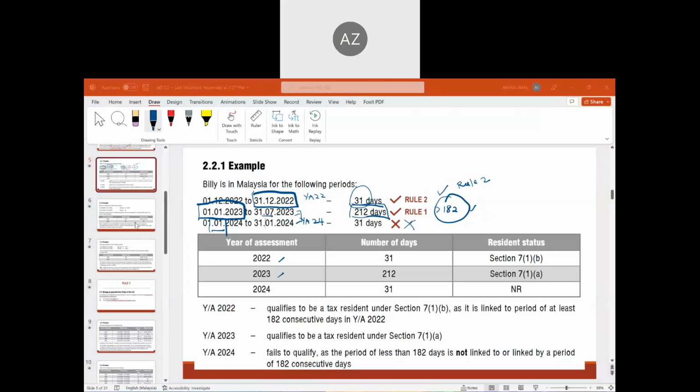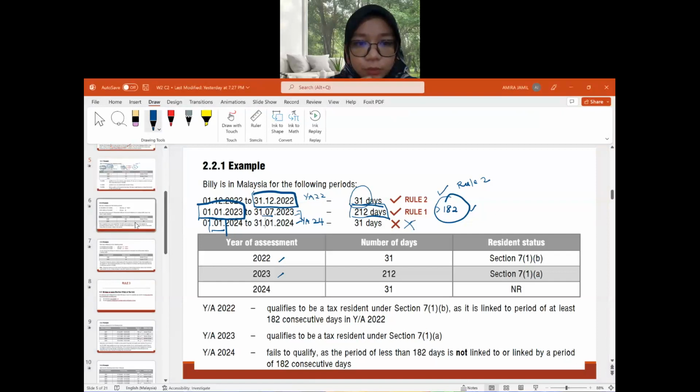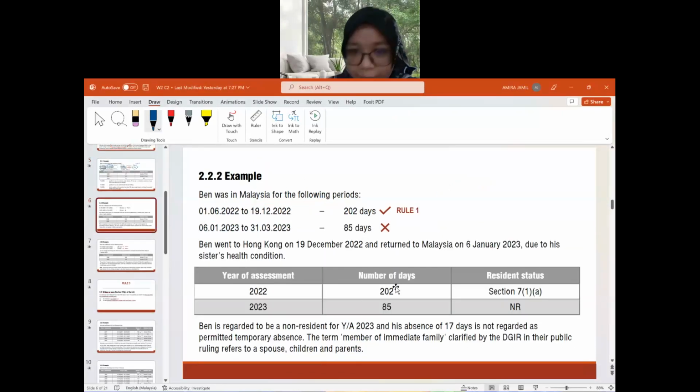Okay, so we continue. It's still for rule number 2. Ben in Malaysia for the following period. In YA22, he lived for 202 days. So under rule number 1, he is tax resident. Okay, but for 2023, he lived for only 85 days.